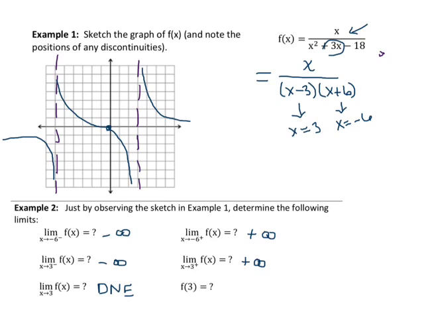Very good. Now, the next question is, what is f evaluated at 3? What is f of 3? Well, notice that this function comes really close to some value here at 3, but does it ever touch it?